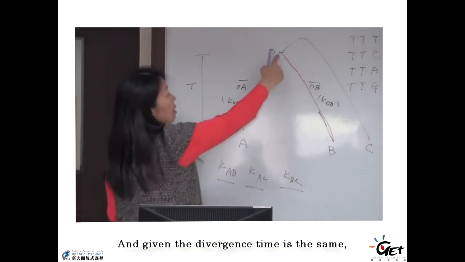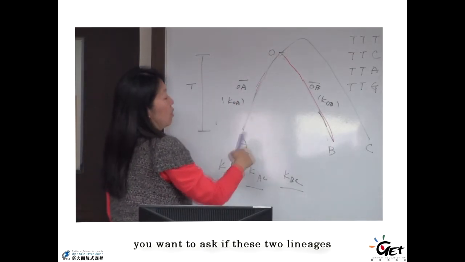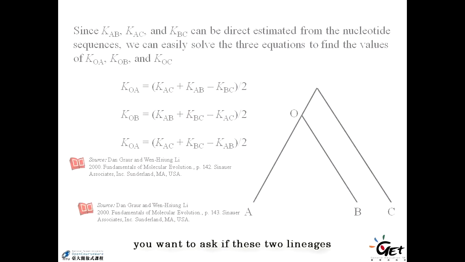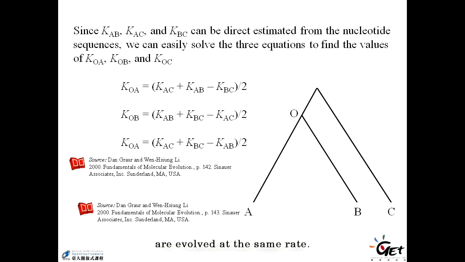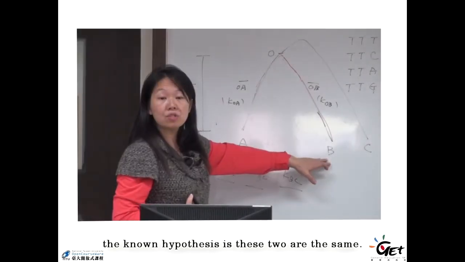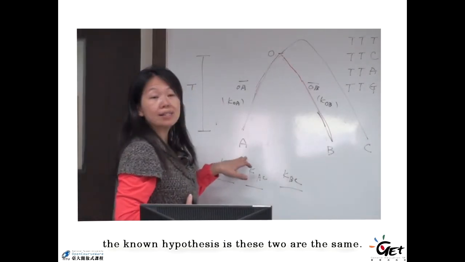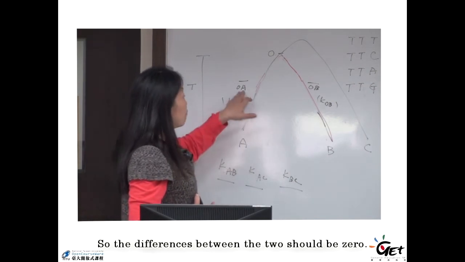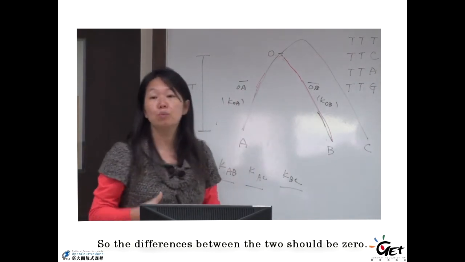Given that the divergence time is the same, we want to ask whether these two lineages evolved at the same rate. As I already told you, the null hypothesis is that the two are the same, so the difference between the two should be zero.